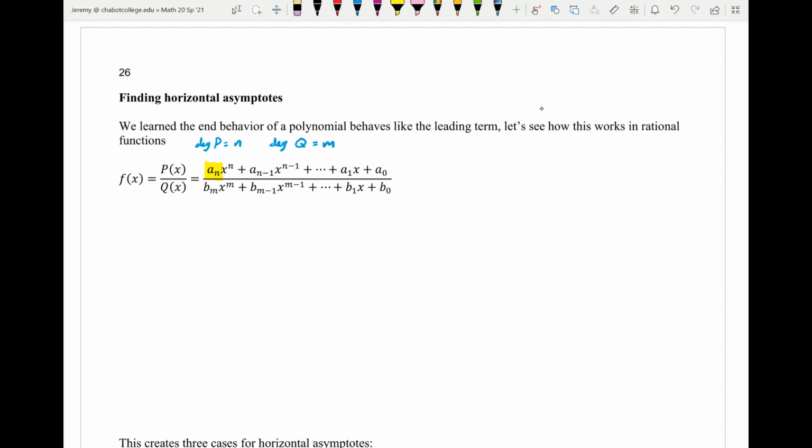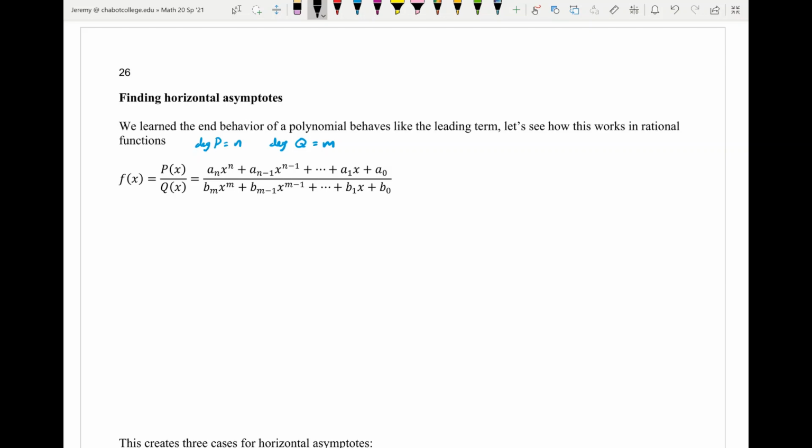We discovered why that fact is a fact back in section 3.1 maybe, and the way we did it was a little proof which involved pulling out the factor x to the n. So we're going to do something similar in this problem.